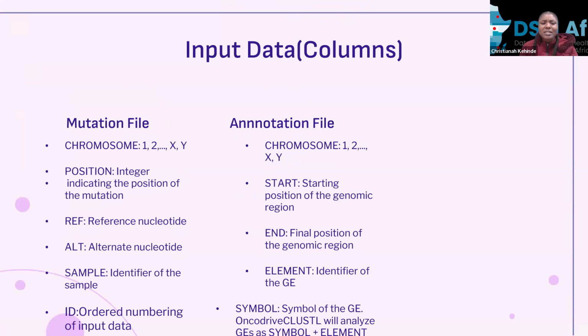Yeah, and there are basic things that should be inputted in the input data. So primarily, there are about 5 basic columns that should be present in both the mutation file and the annotation file, although there could be some additions depending on your research focus. Yeah, so I'm going to just read out the basic columns that should be present in the input file. The first is the chromosome. I'm going to show us an example of what I mean, but the chromosome column should be there, with the type of chromosome.